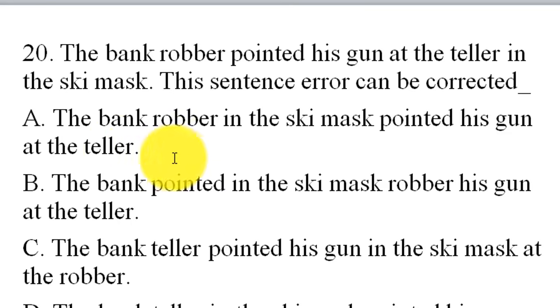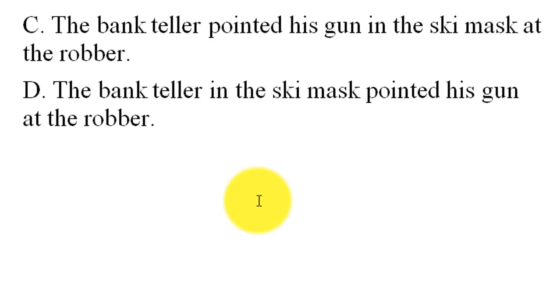Having this, you can just write the sentence. So the answer is A. If the question comes like this, treat it in this way. It is not difficult, I think. Thank you very much.